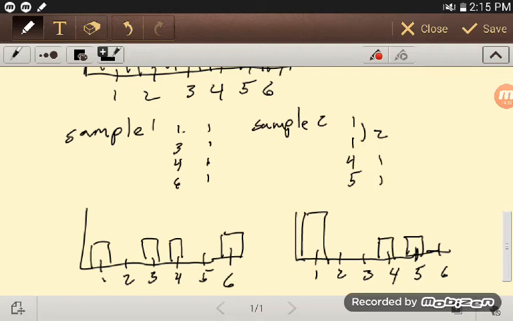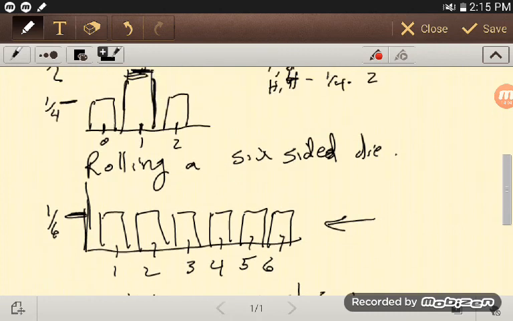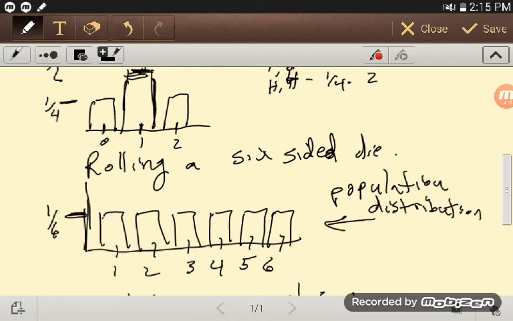And so up here was a population distribution. So again, my population distribution. And that's either theoretical in the sense of like rolling dice or something like that, or it truly is, if you looked at your whole population, what would you see?